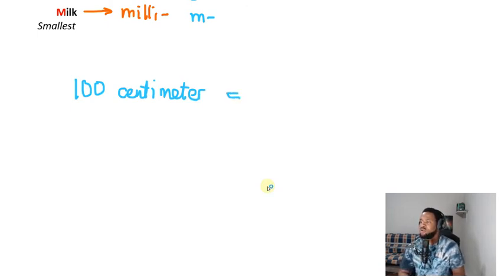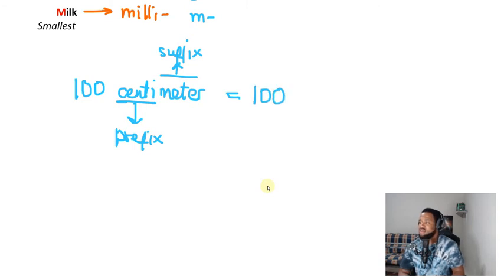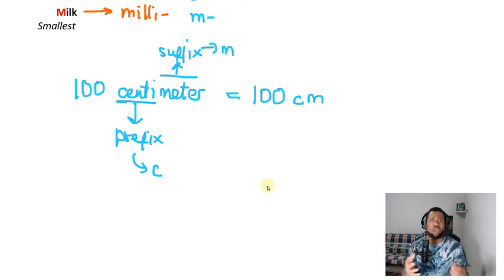To write it in short form, we know that centi is the prefix, which is what we have here, and the suffix is meters. Therefore, to write this in short form, 100 centi is represented by the short form c, and the short form of meter is m, which is what we have right there. So that is one way of going about it.